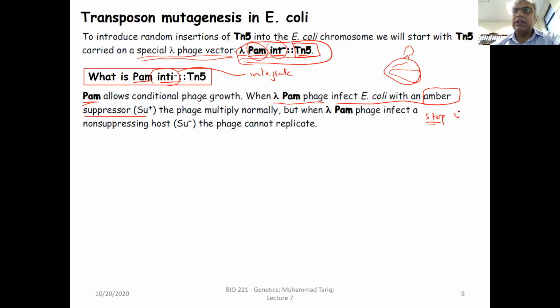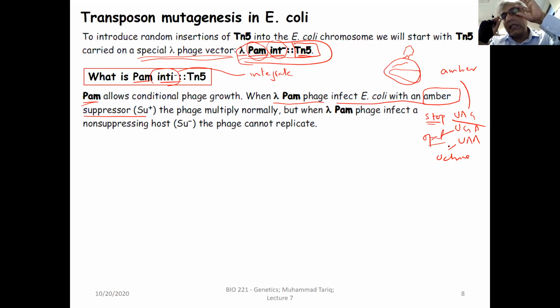Stop codons are UAG, UGA, and UAA. Now, UAG is amber, and then I believe UAA is ochre. I will explain in a moment why they are amber, ochre, etc. And UGA was named opal, I believe.